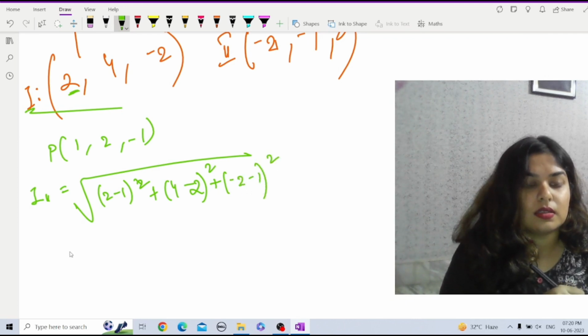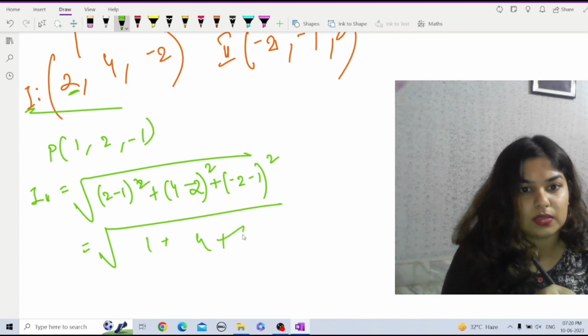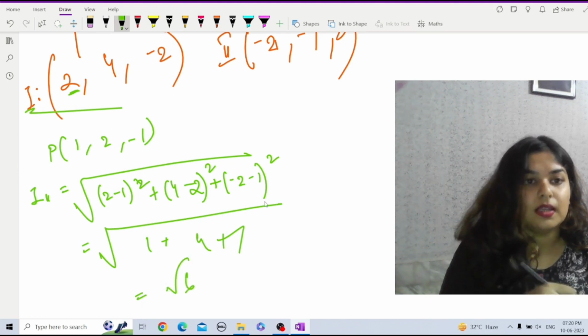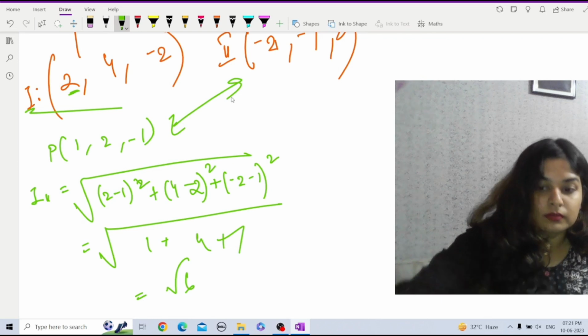After solving, we get root over 1 plus 4 plus 9, is equal to root 14.